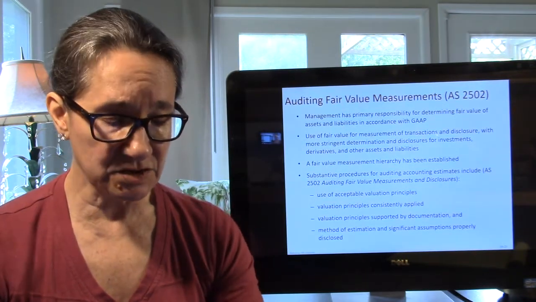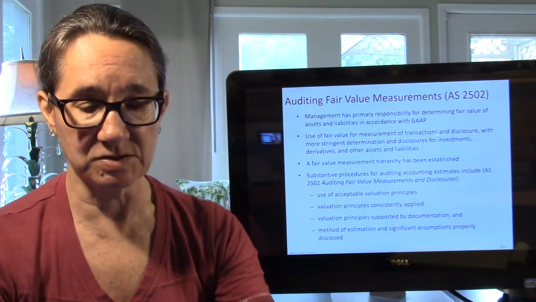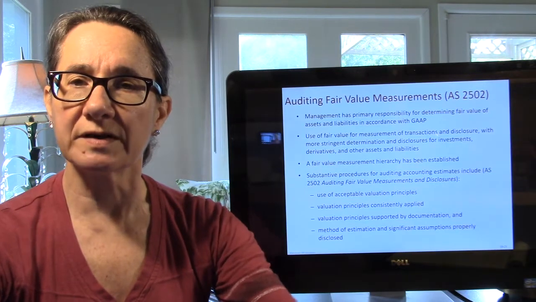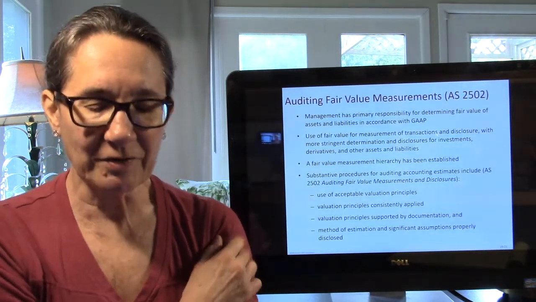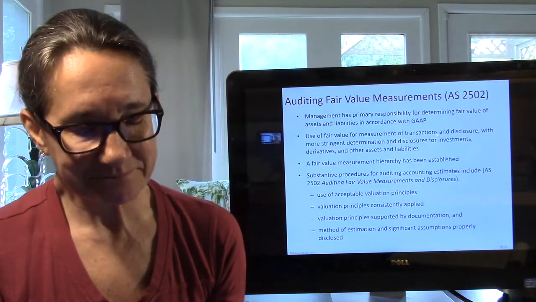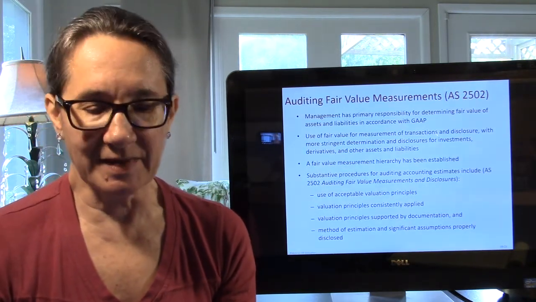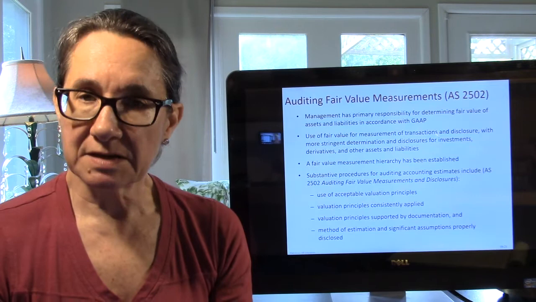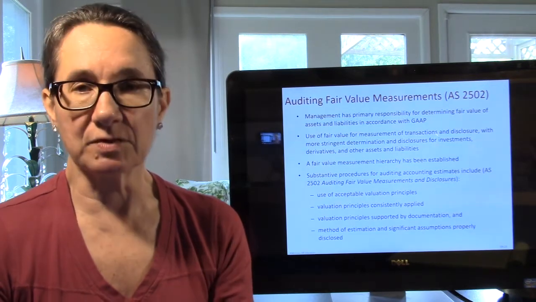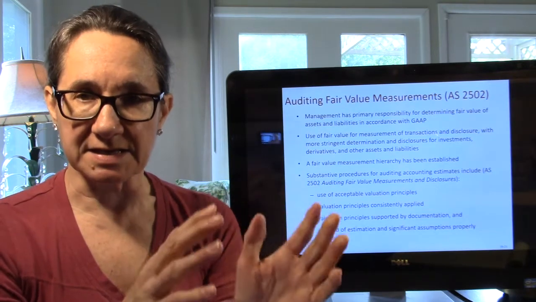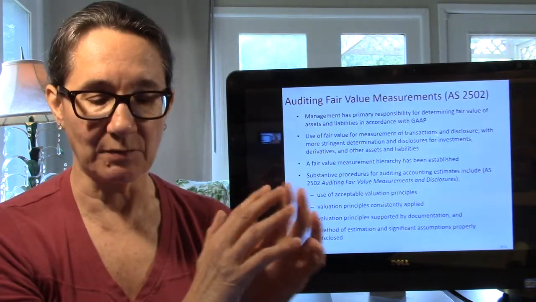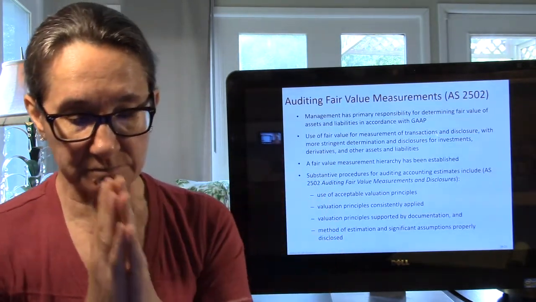Now, there's an issue with fair value measurements, right? So when you're auditing investments, they may need to have a fair value assessment, right? So this asset needs to be held on the books at what we call fair value.